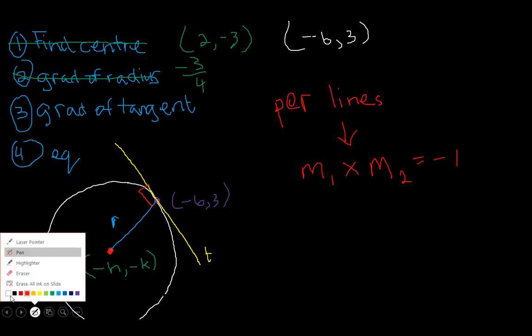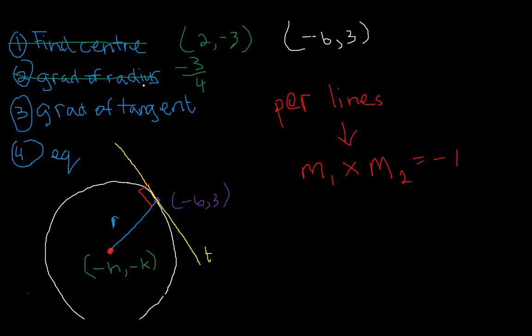We know that m1, which is the gradient of the radius, is -3/4. Multiplied by m2, this is what we're trying to find. M2 in this case is the gradient of the tangent, and we know whatever m2 is, when multiplied by -3/4, the answer would be -1.